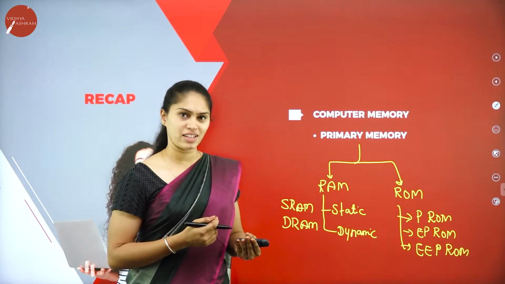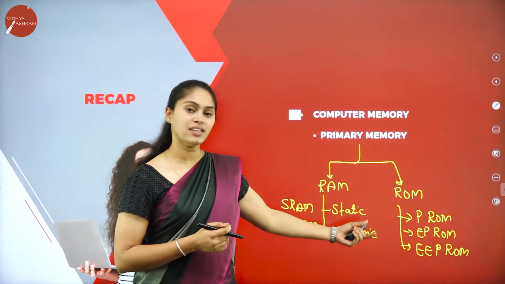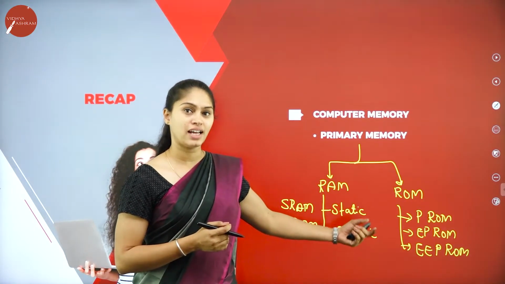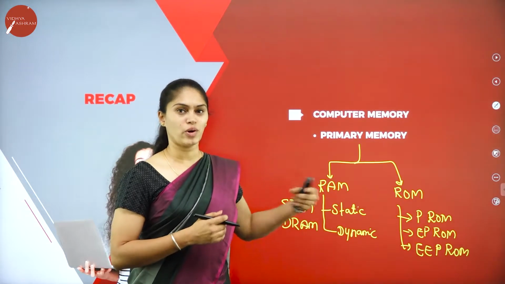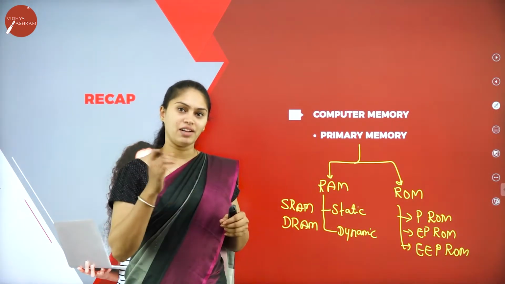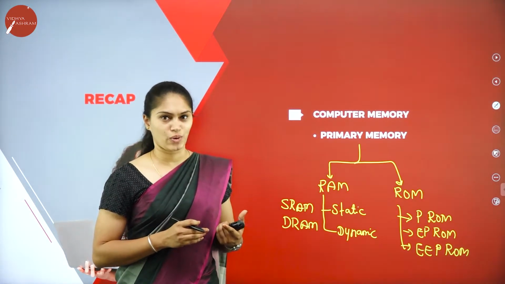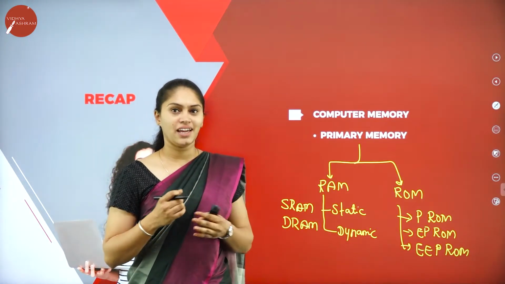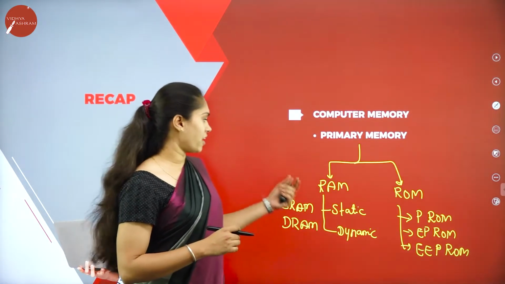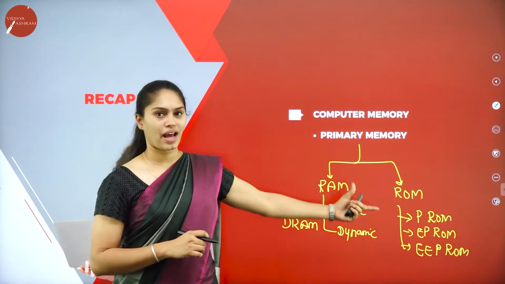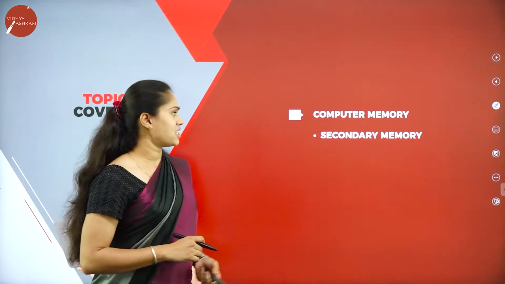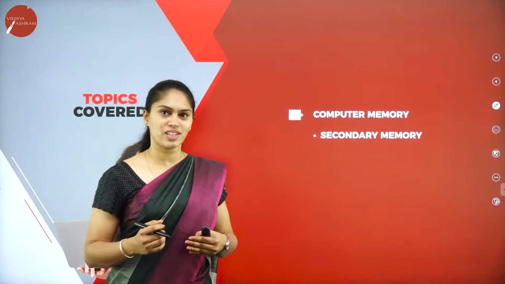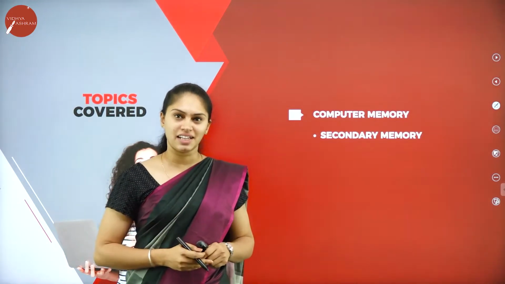Instead of UV rays, we can expose this ROM to electrical charges that will erase the content, and we can fill in whichever data we require. So that is regarding EEPROM. And also we had a difference between RAM and ROM. So in today's session, we'll see the next part of computer memory, that is secondary memory.